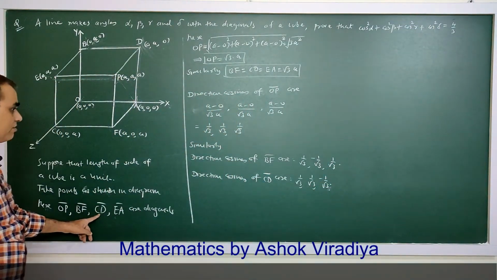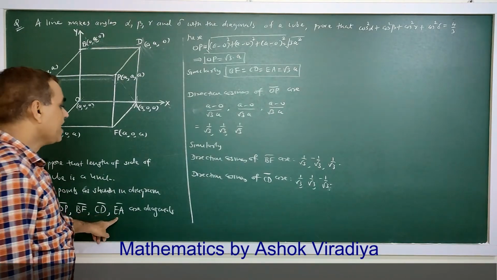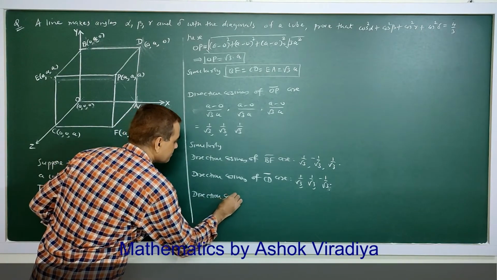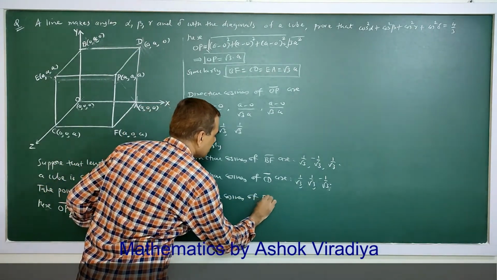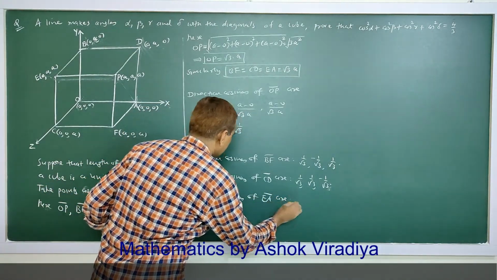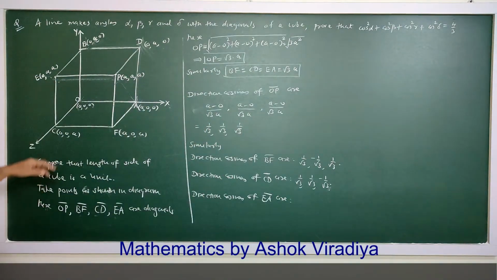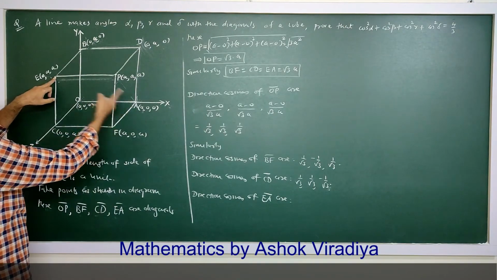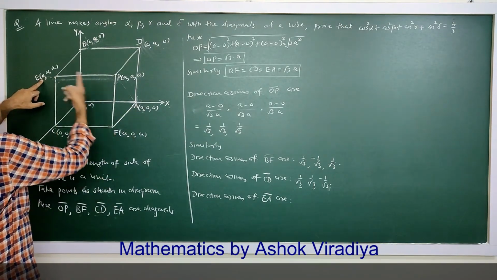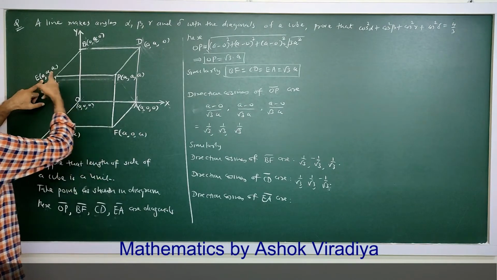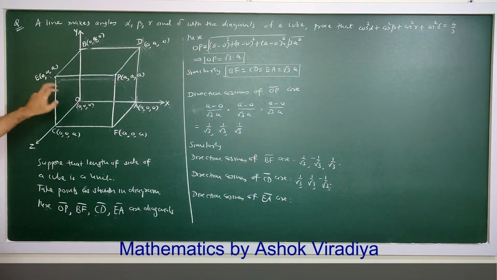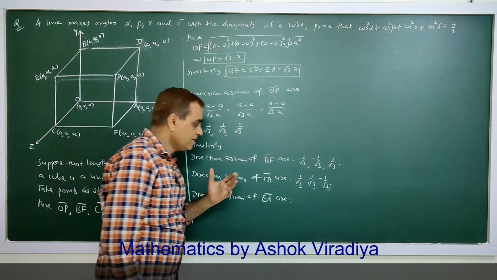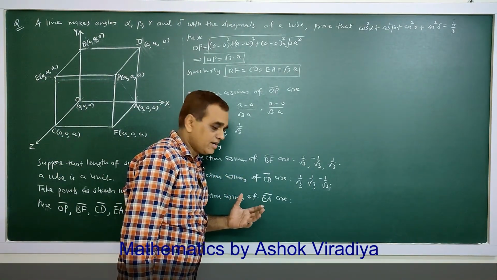Direction cosines of EA. This is E, this is A. So a minus 0, 0 minus a, 0 minus a, that is a, minus a, minus a, divide by length EA.